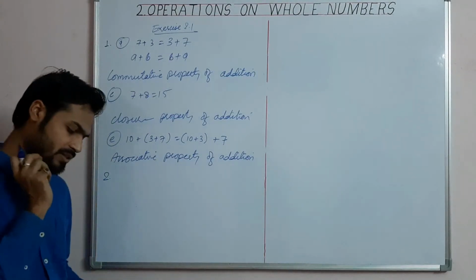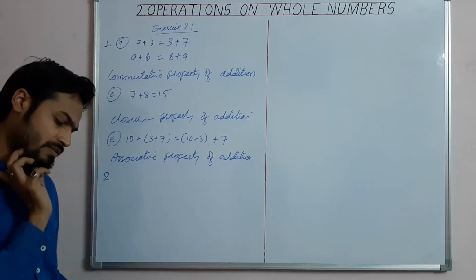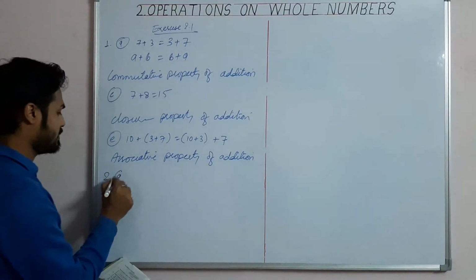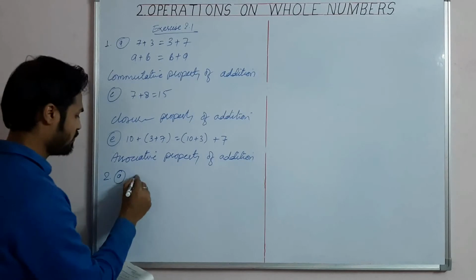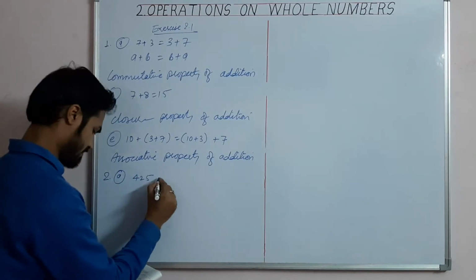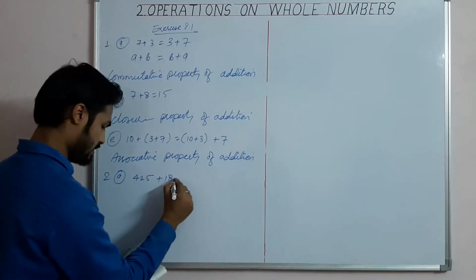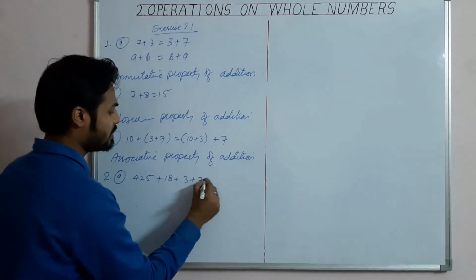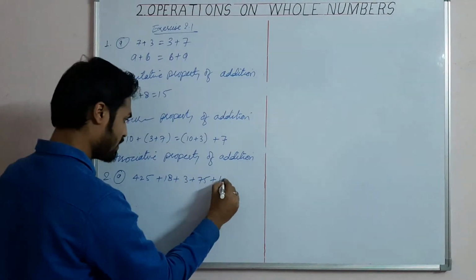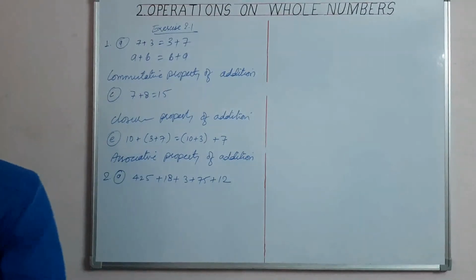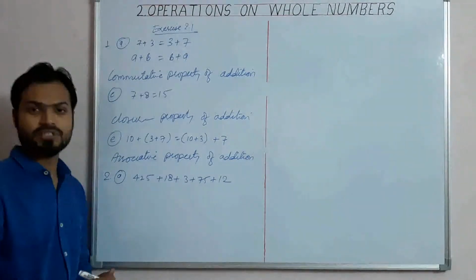Simplify by using commutative and associative properties of addition. So first is 425 plus 18 plus 3 plus 75 plus 12. Now we have to solve this by using commutative and associative properties.